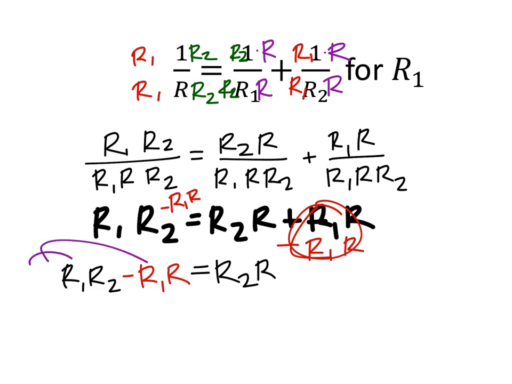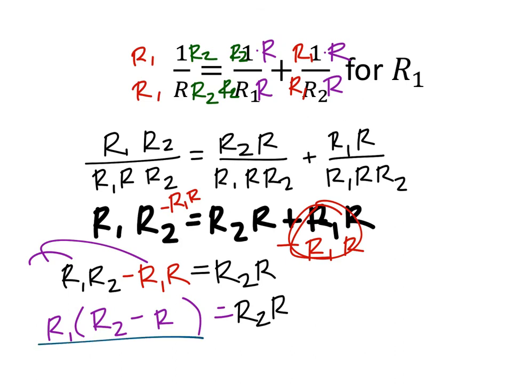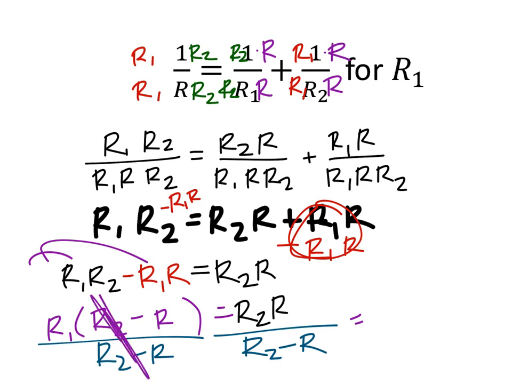So we have R1 times the quantity R2 minus R, and this equals R2 times R. Just like that other example that we saw, we'll just need to divide both sides by R2 minus R. And that will equal, this one cancels out now, and we're left with just R1. There it is.